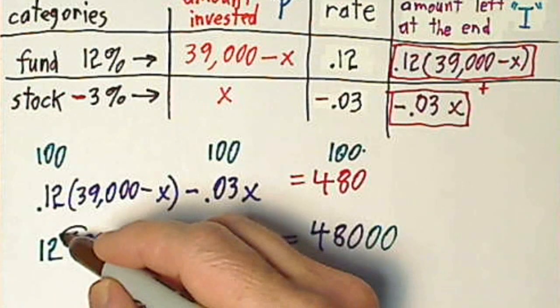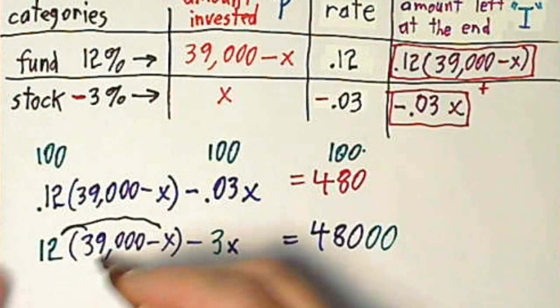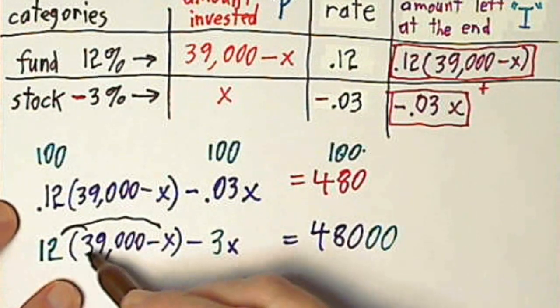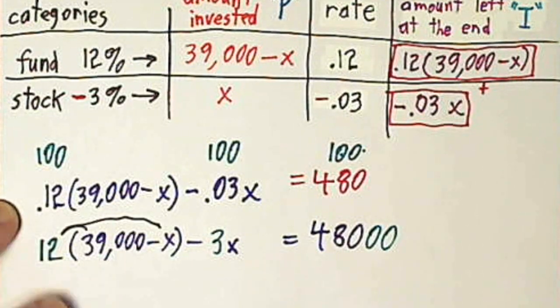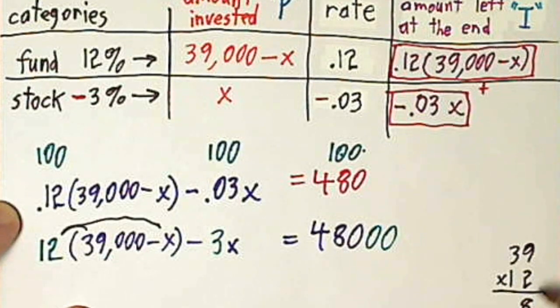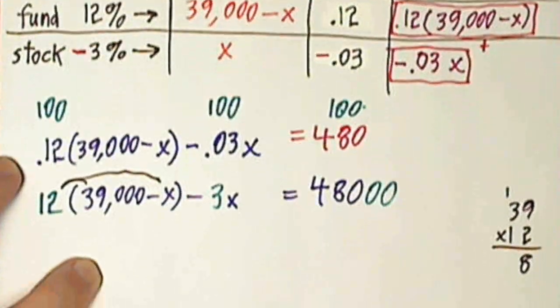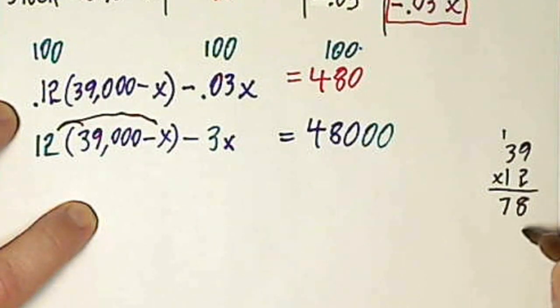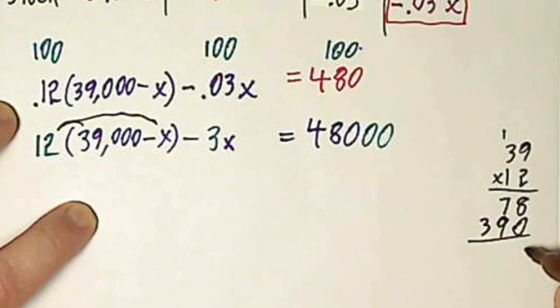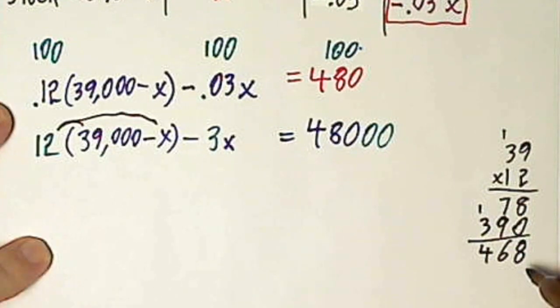Alright, we have to get rid of our parentheses. Again, I'm just going to use a shortcut. 12 times 39, I'll do that over here. Multiplying by 1. Okay, so that's 9, 3, 9, 3. So we get 468.